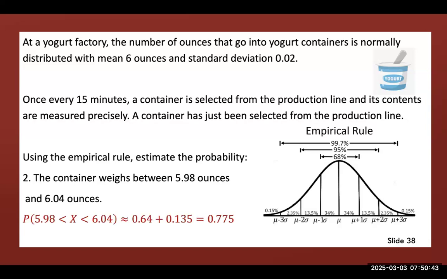We take 0.34 and add 0.34. We get 0.68, and then we add 0.135, and we get 0.775. Remember, probability is a number between 0 and 1. So the probability that the container weighs between 5.98 ounces and 6.04 ounces is 0.775. You could also phrase it as a 77.5% chance.